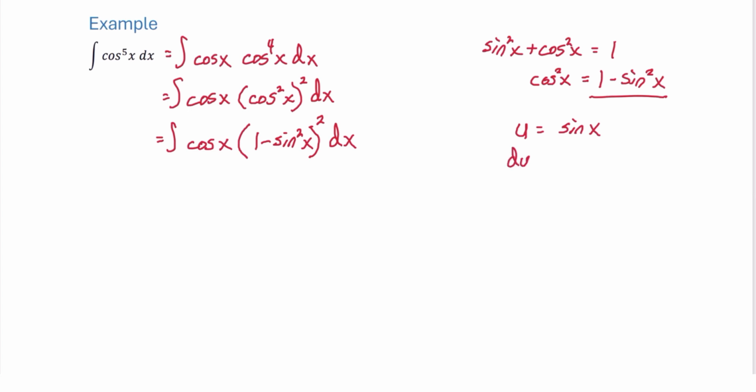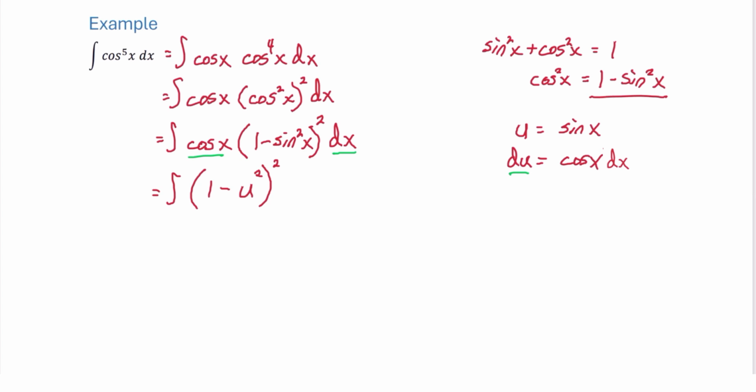Then the derivative will be cosine x. We have the integral of 1 minus, replace sine with u, that is squared, the quantity is squared, and then cosine x dx is the du part.